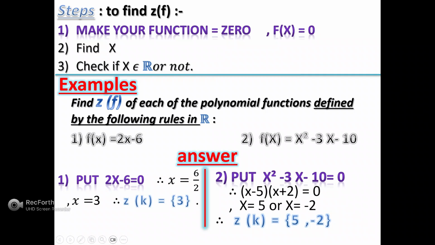But what is the meaning of this? If we replace x by 3, the function equals 0. Let's try: 2 times 3, replacing x by 3, 2 times 3 equals 6, minus 6 equals 0.